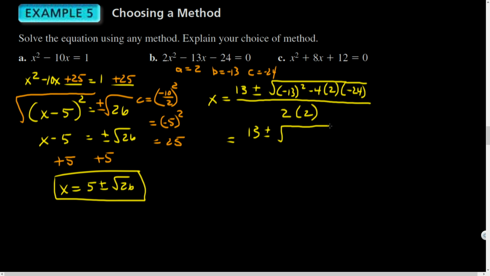13 plus or minus the square root of -13 squared is 169. Double negatives become positive. Minus 4 times 24, 96, times 2. I'm wanting to say 1... Oh, all right, my brain limit.